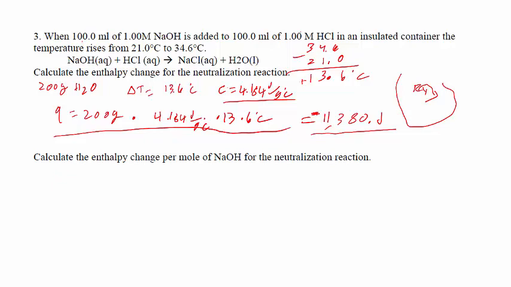Well, we have 100 milliliters times 1 molar, so that's 0.1 mole. So we just take negative 11,380 joules over 0.1 mole.